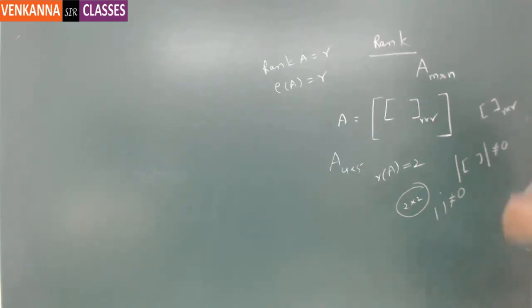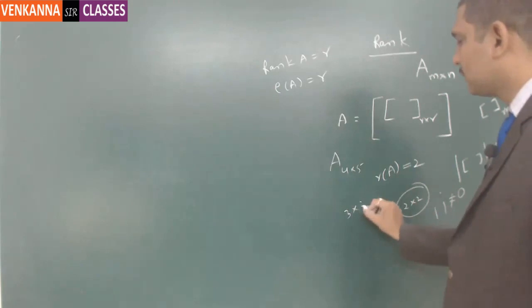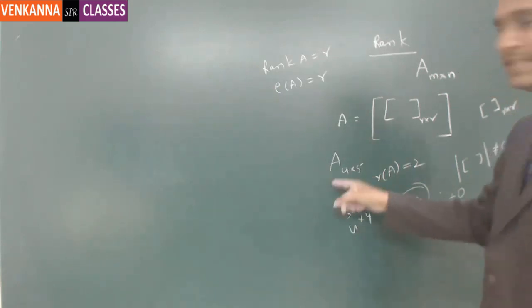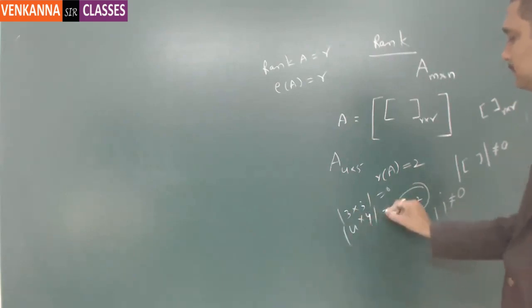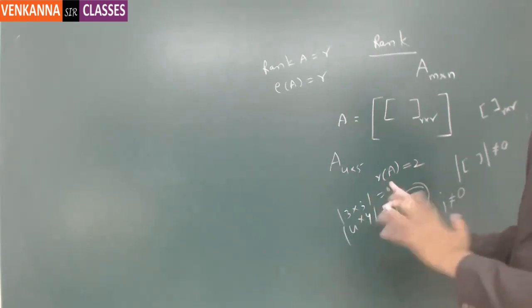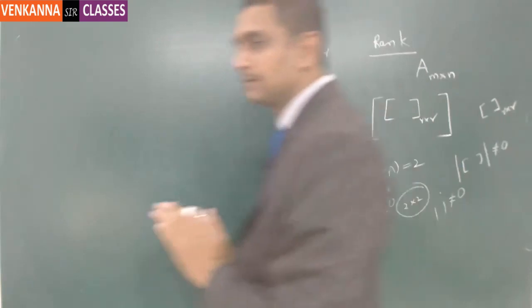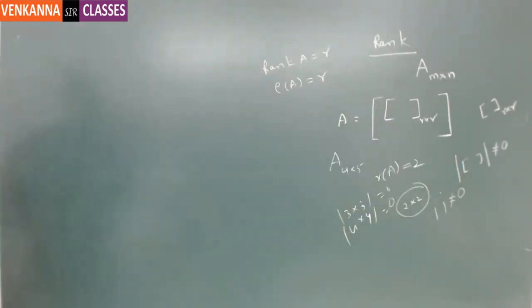And if you take any 3 by 3 submatrix or 4 by 4 submatrix in A, their determinant will be 0. This is called rank of a matrix. Clear? Is it known or not known?